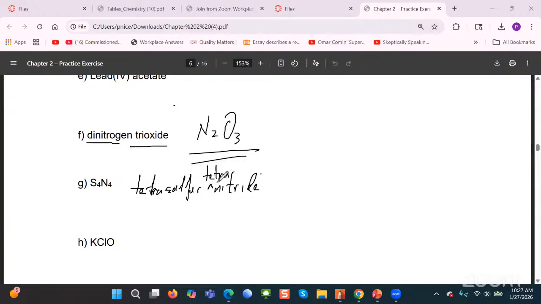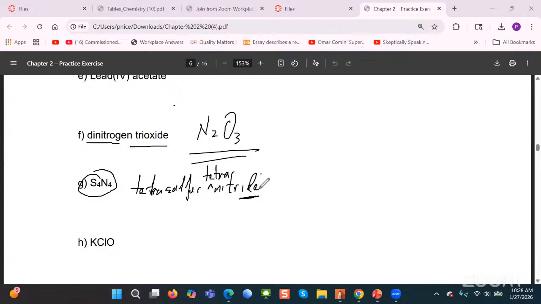Tetrasulfur tetranitride. Here's the important thing that you need to remember when it comes to naming molecular compounds. This is called a binary molecular compound, right? A binary molecular compound is basically a molecular compound which has 2 elements in it, all right? And basically, when you're naming these compounds, the second element in the name must end with IDE, right?